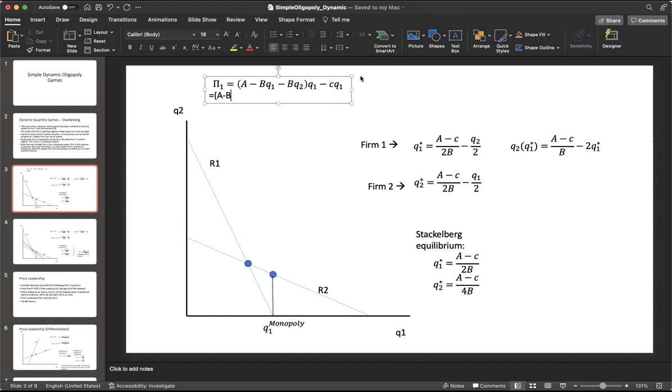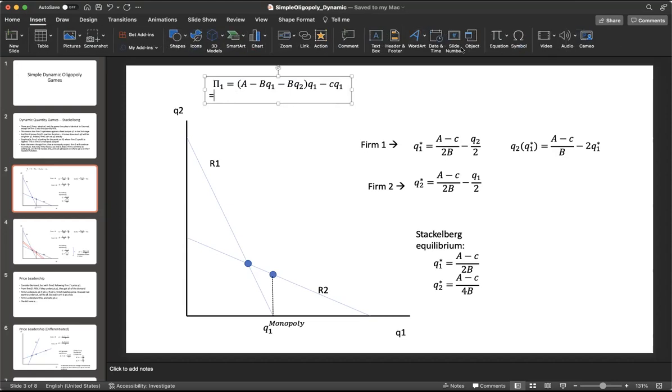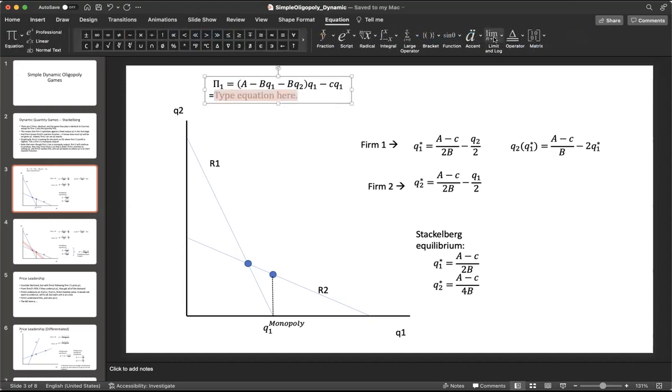Ooh. I want the equation again. When you start doing equations, you'll always want to use it, even though it's sort of irritating. So ito, papasok natin. Ito.